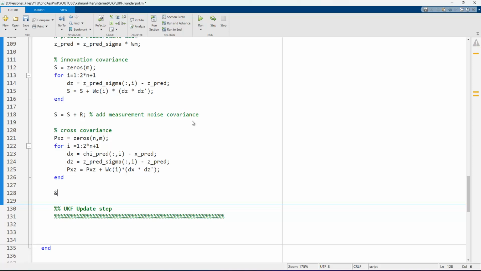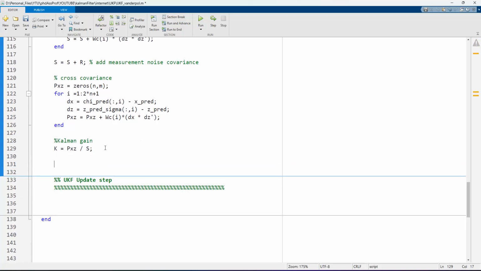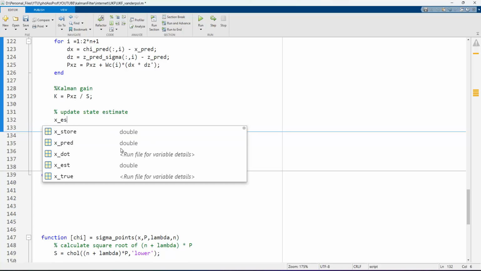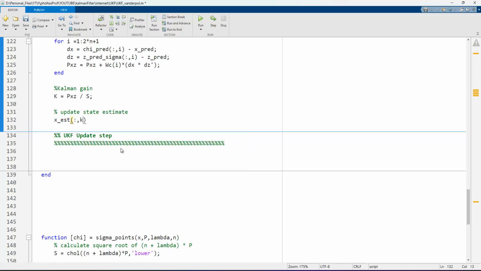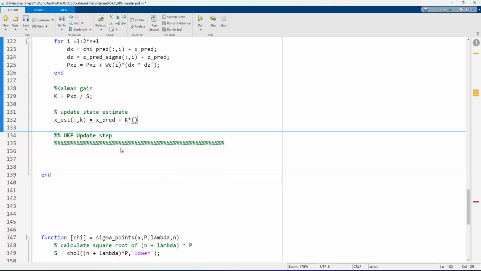After that, the Kalman gain is calculated with the what? With this one, K equals Pxz divided by S. Okay, and after that, if this is the Kalman gain, and so the update state estimate, just like this one, x est k is equal to the what? X pred plus K times z pred.